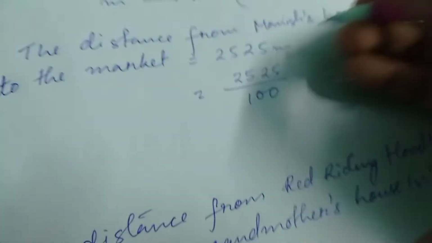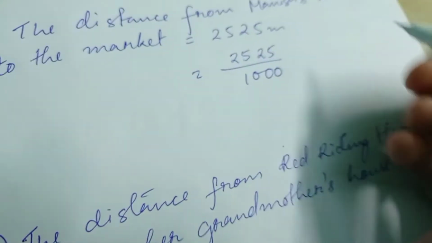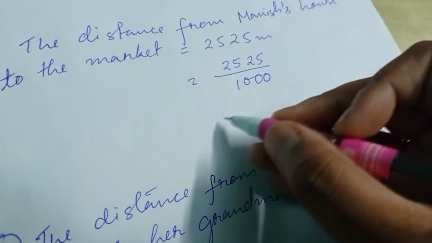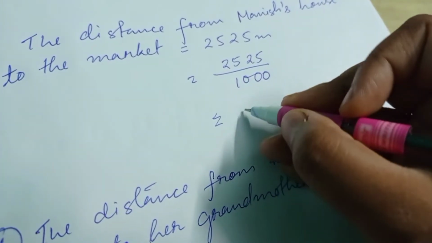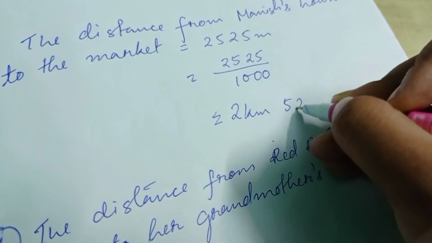So you need to do what? Divide by 1000. So when you divide by 1000, you get what? You get 2 kilometer 525 meter.